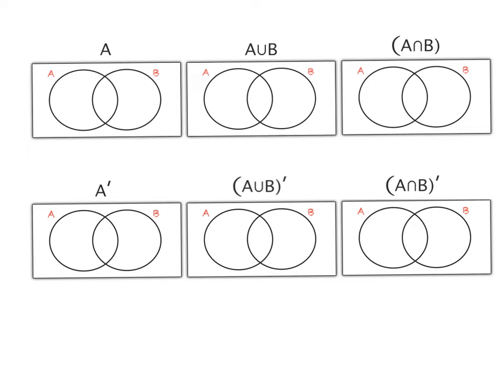So, for example, if we wanted just set A, so if it was in set A, we are just going to shade in everything that would be in set A. So you can see I've shaded in just the circle A, and it also includes the little section which crosses over with B because it is still in A. The one underneath, A complement, means everything that is not in A. So I'm going to pretty much be shading the opposite of the one above. So everything that is not in that circle of A.